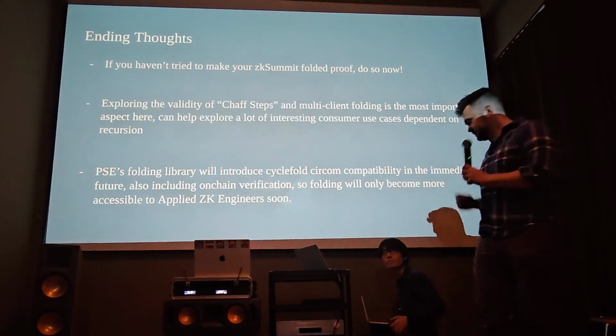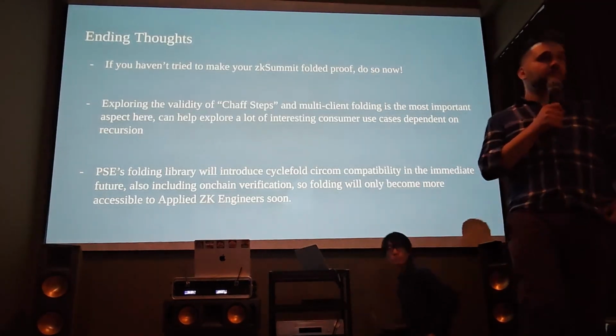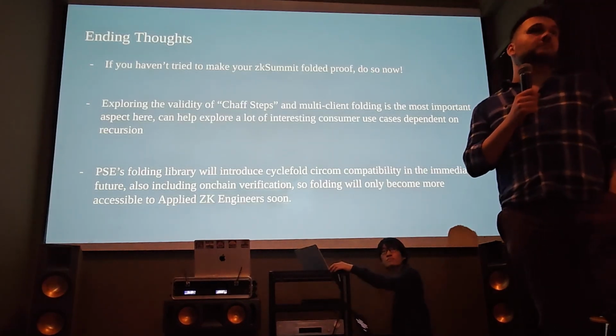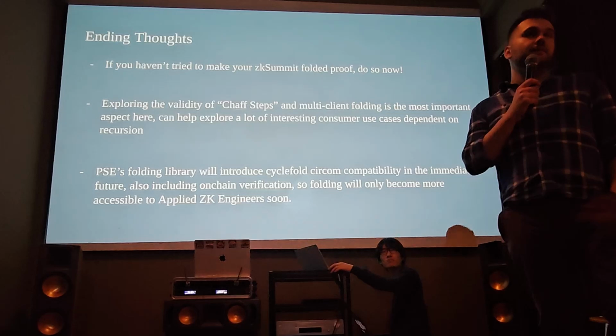Can I ask a question? Yeah. What kind of homogeneity is needed between the different steps? Can we extend chaff steps to add more different types of computations, or do they all have to have some sort of homogeneity beforehand?